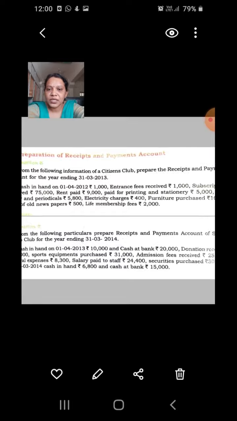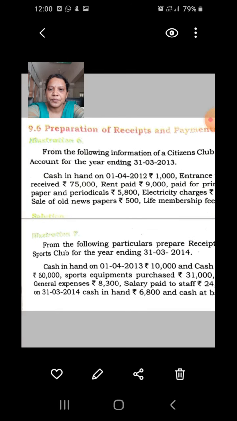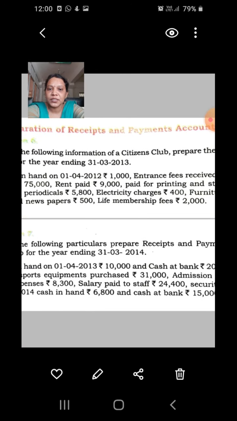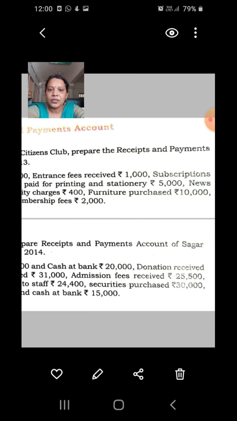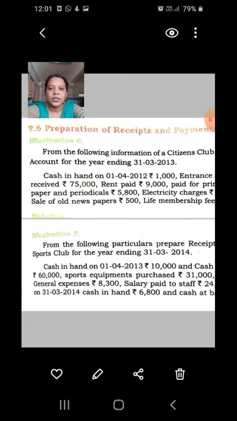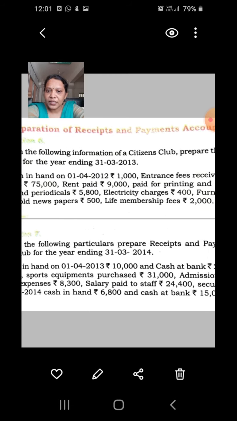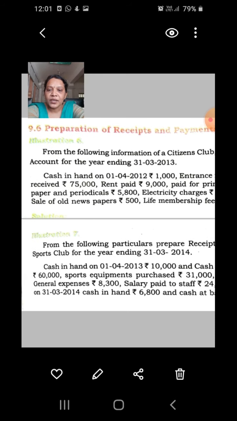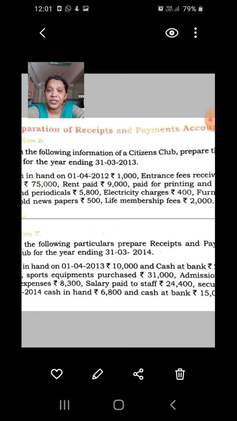So let me read the problem first. From the following information of Citizens Club, prepare receipt and payments account for the year ending 31/3/2013. Here the items given below: cash in hand, that is the opening balance.